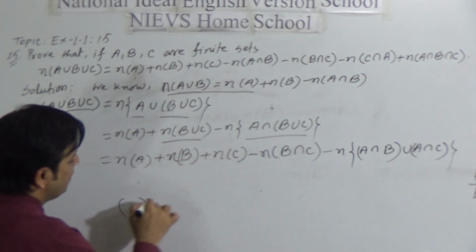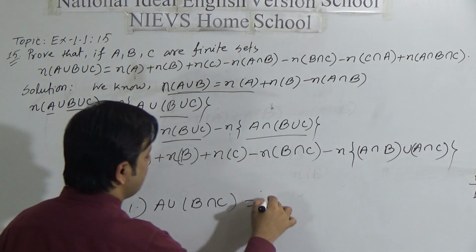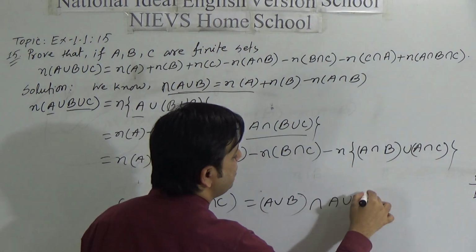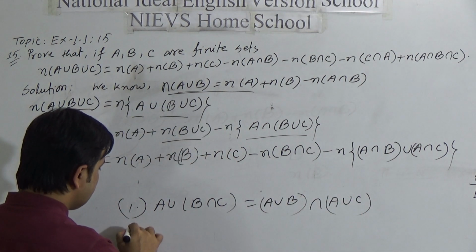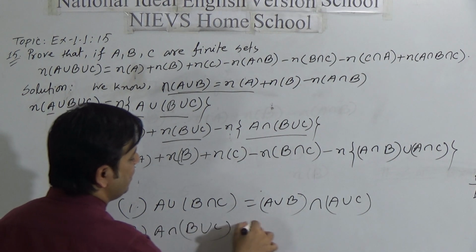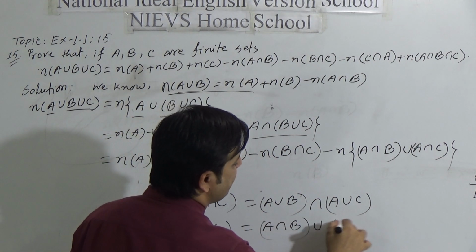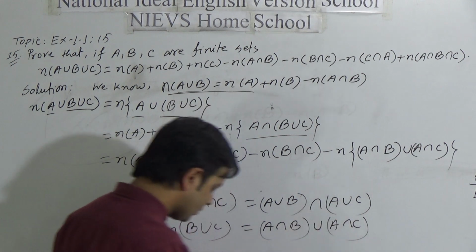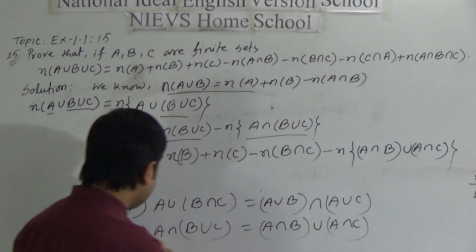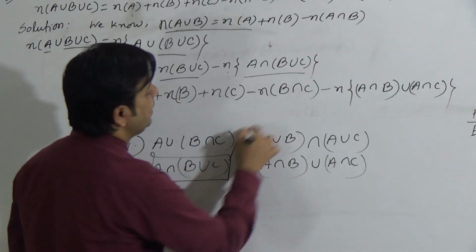One is A union B intersection C equal to A union B intersection A union C, and another was A intersection B union C, that is A intersection B union A intersection C. Okay, dear students, so we can say applying distributive law, this matched with this part.